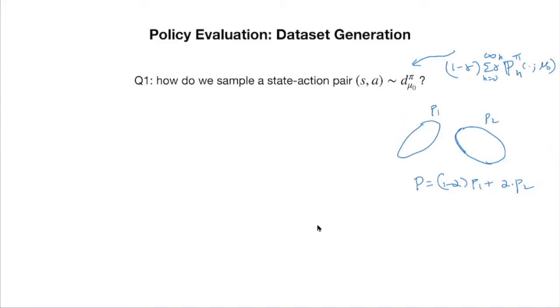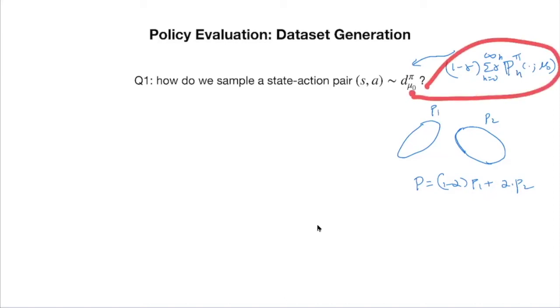Maybe I will pick P1 with probability 1 minus alpha and pick P2 with the rest of the probability. So I first decide which distribution I want to sample. If the coin determines that I want to pick a sample from P1, then I commit to P1. Then I just call the sampler for a Gaussian distribution.